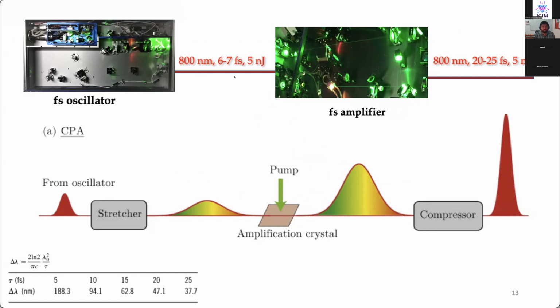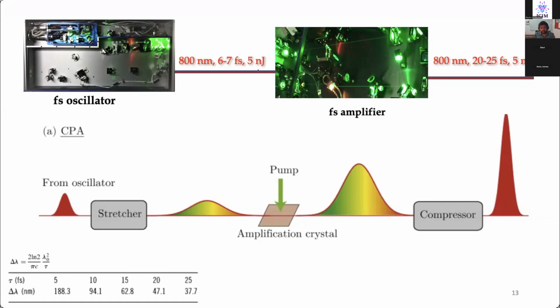And then, because the energy is very low, people crank up the energy by amplifying the pulses. It's called CPA, chirped pulse amplification. What they do is out of scope of this particular talk, but this is available in the laboratory, and this technique received the Nobel Prize in the year 2018.